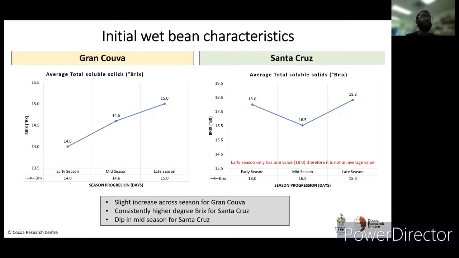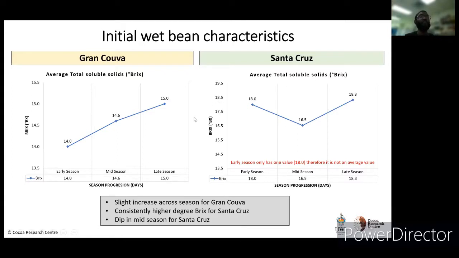Moving on to the average total soluble solids. As we know, generally, the sugars are the most abundant total soluble solid in fresh fruit juices, and this can be expressed in terms of the percentage of Brix.